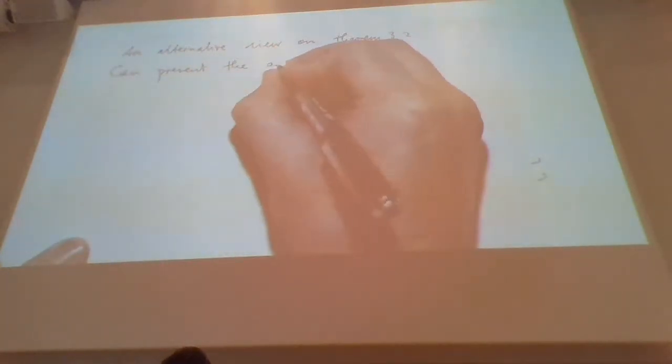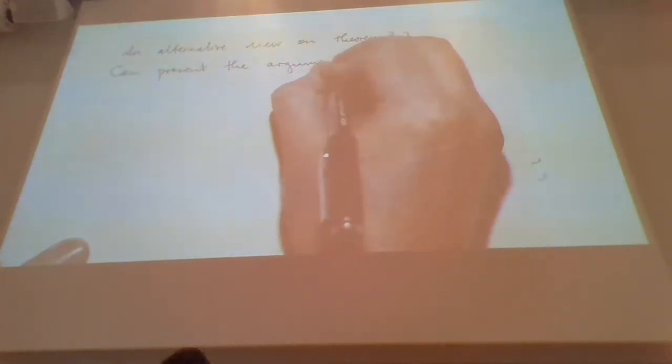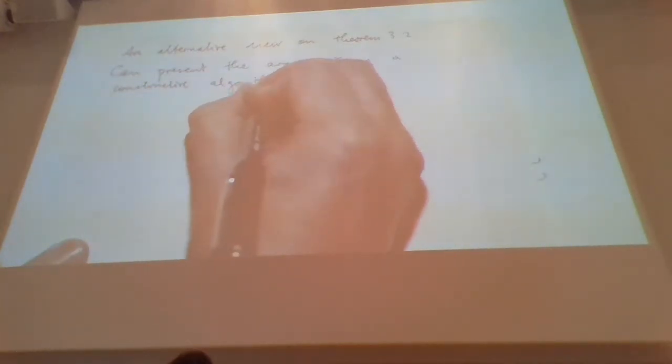Now I'm almost going to present the same argument to you again, but it's a useful way of thinking about it. Instead of thinking about it as a proof by contradiction, we can present the argument as a constructive algorithm for generating primes.